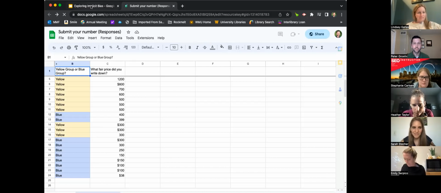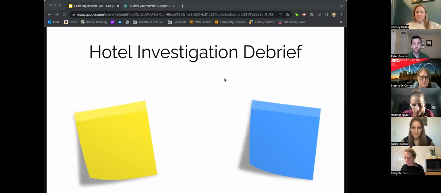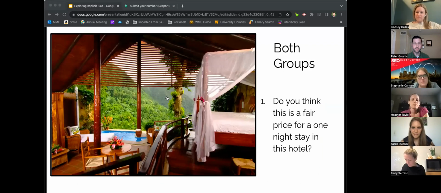Okay, so let's talk about what's going on here. Both groups, yellow group and blue group, saw the exact same picture and were asked the exact same question. So the first question you were asked is, do you think this is a fair price for a one-night stay in this hotel?